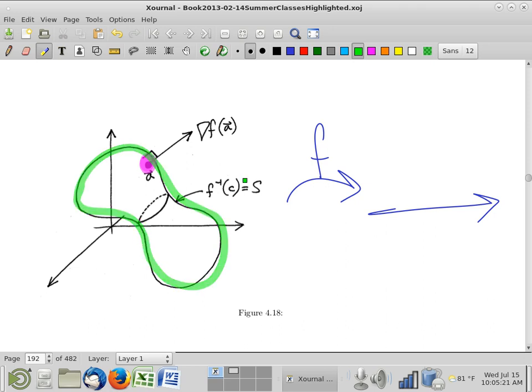In other words, there's a certain value of the function at that point. That point has some value, and that value has a corresponding level set, and that point is on that level set.